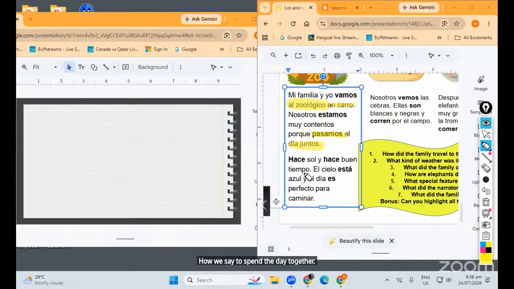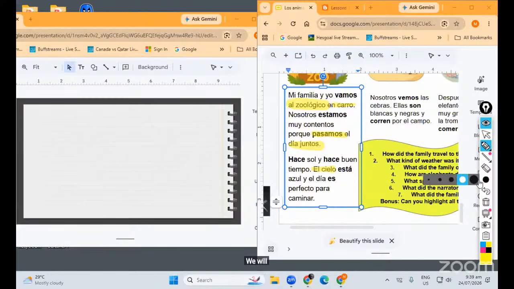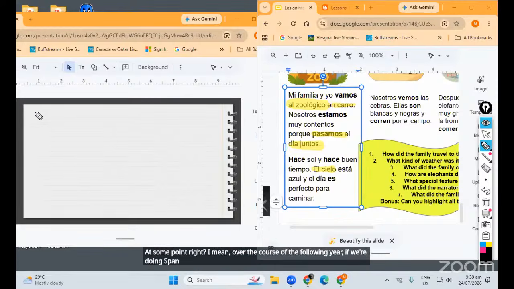And then I'm going to take it for granted that we know it is sunny and the weather is good for now. And then if you don't, you can write it down, right? We will do weather at some point, so I know we'll come back to it, right? I mean, over the course of the following year, if we're doing Spanish. So, vocabulario is our heading now.